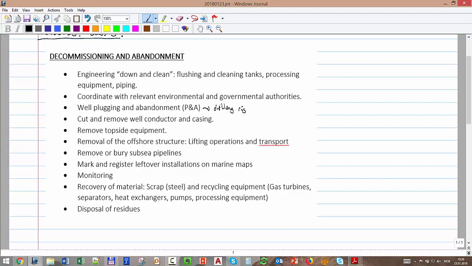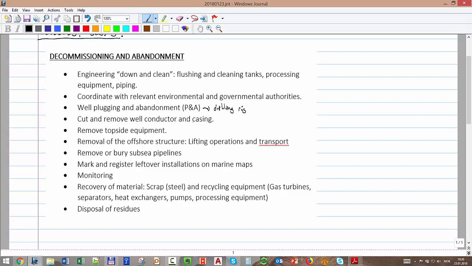After the well is plugged, you have to remove the well conductor and the casing. The well conductor is the outer tubular that holds the whole weight of the well: the weight of the Christmas tree, of all the casings, of everything.